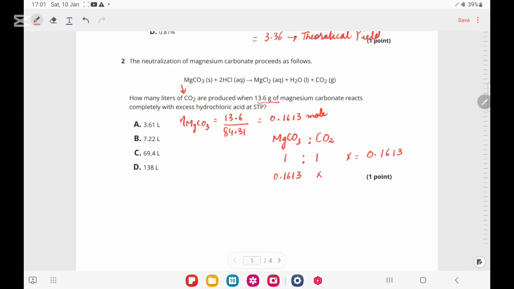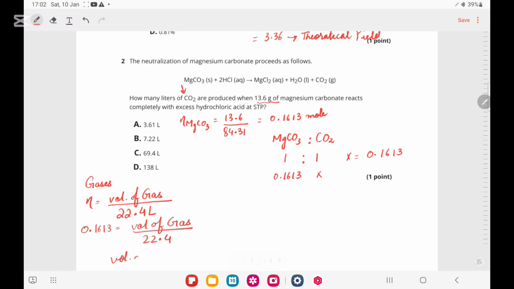Now we need to find the volume of carbon dioxide. For gases, there is a formula that mole is equal to volume of gas divided by molar gas volume, which is 22.4 liter. Mole is 0.1613, and the volume of gas we need to find, divided by 22.4.